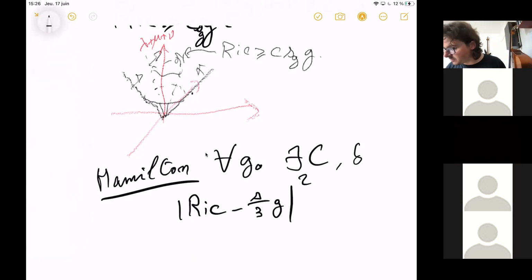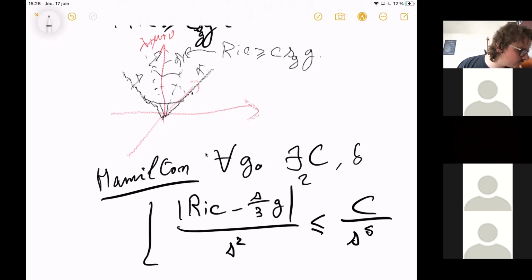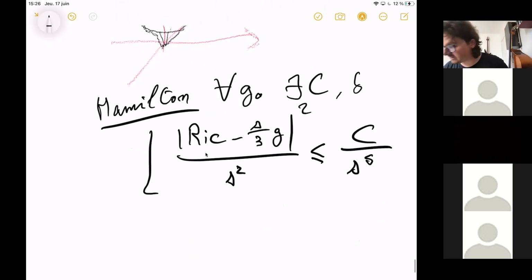If this has zero norm, then Ricci is equal to a multiple of the identity, M is Einstein, and we're more or less done. We will make that scale invariant. And what one can show is that this is true, and this is once again computations using the maximum principle. This one is a little bit more involved than the previous one. Now 5 minutes. Okay.